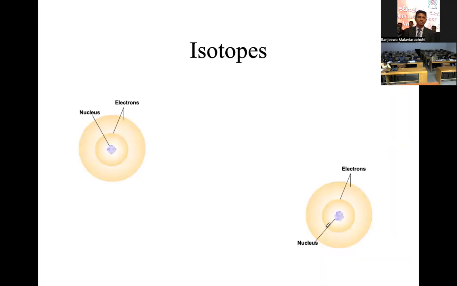Okay, so if we consider an atom, there is a nucleus and electrons rotating around the nucleus, and neutrons are there inside the nucleus. So this is how the protons and neutrons are there, making a stable atom.